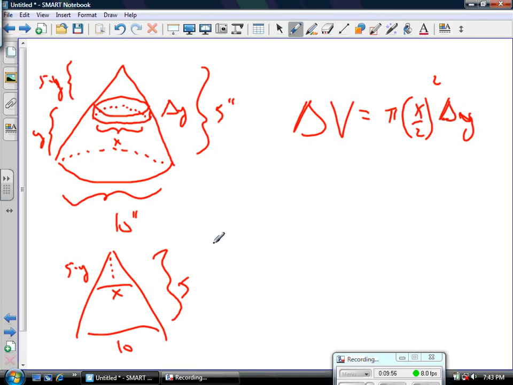So x is to 10 as, the base of the small is to the base of the large as the height of the small is to the height of the large. Again, you get that x is 2 times that, right? But I want x over 2, and then I want to square it. What's x over 2?